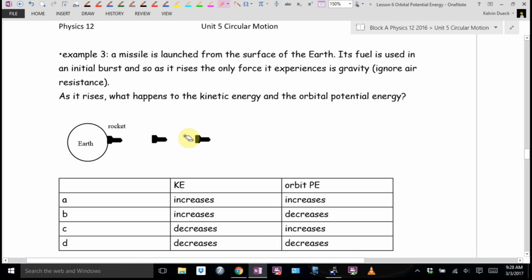And then we coast the rest of the way. What happens to our speed? We slow down. What happens to our kinetic energy? It decreases. What happens to our orbital potential energy? Now, let's be clear, you still have negative orbital energy, potentially, because when do you hit 0? Out at infinity. But as you move further from Earth, you're less negative, which means you are increasing. Correct answer? C.